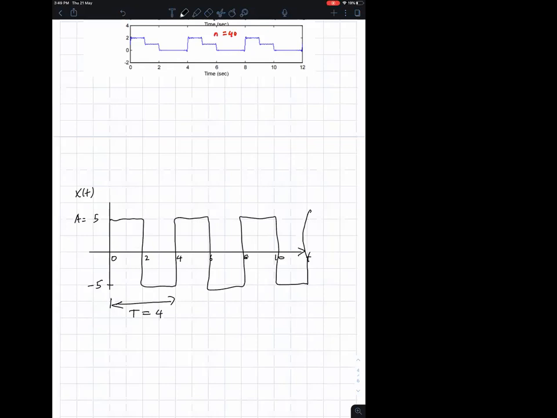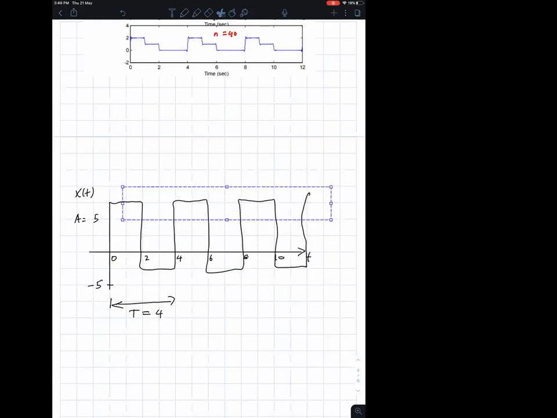I'm sorry about my messed up drawing. So I'm doing an offset, moving the entire curve. This is the offset. Let's call this offset, OFF, equal to +1, so you're moving the entire curve by 1.